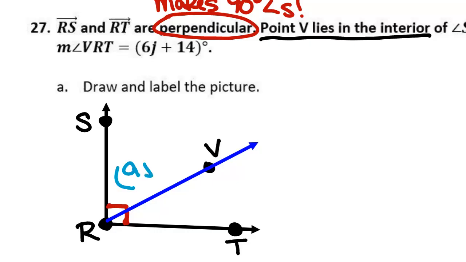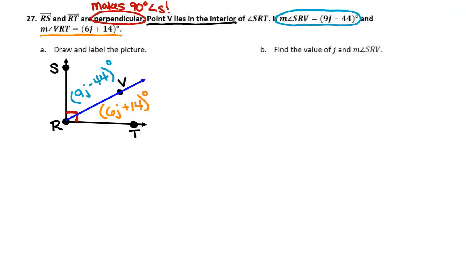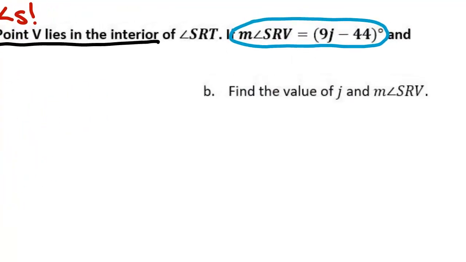So this is 9J minus 44 right here. And angle VRT is 6J plus 14. Find the value of J and angle SRV.